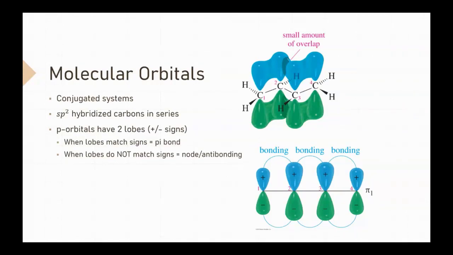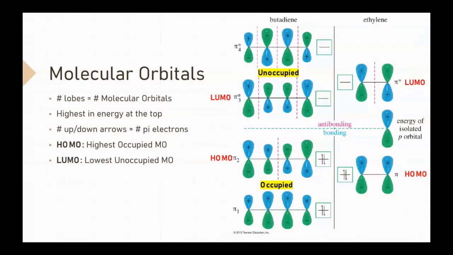And when those lobes line up together, you have what's called constructive interference, where you make a bonding pair. And when they don't match signs, that's where you have destructive interference, where they kind of cancel each other out, and you will get a node or anti-bonding pair. Right, so kind of like this.